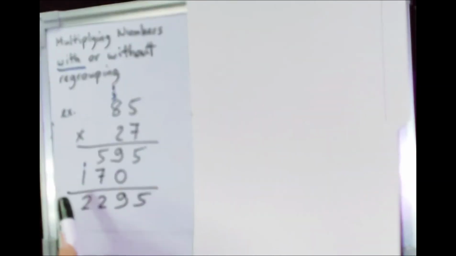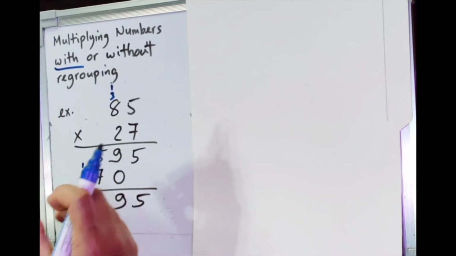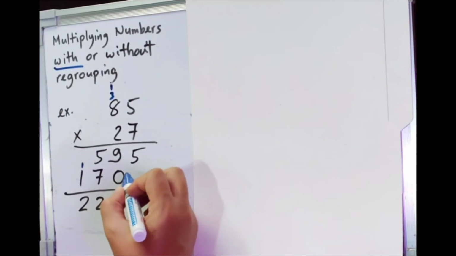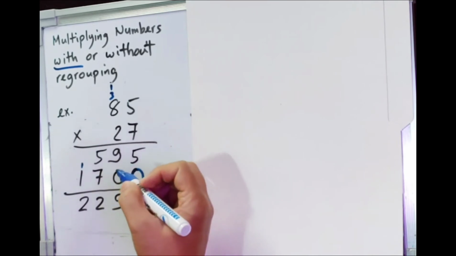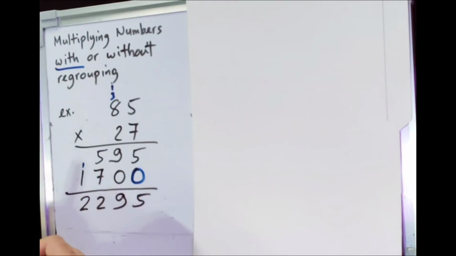But note, 170 cannot be considered as a partial product as is. But if you want to consider in the discussion this concept of partial product, then you need to put 0 here, because the value of 2 there is not 2, rather 20. So you have the 0 and you need to put that 1.